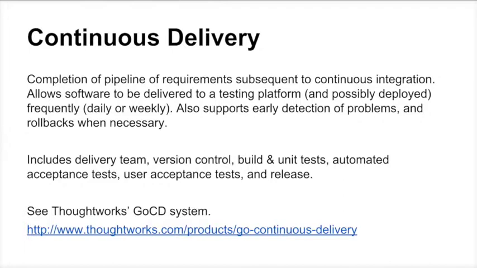So it involves automated version control, build and unit tests, automated acceptance tests, user acceptance tests, and release. ThoughtWorks Go continuous delivery system looks like a good candidate for that. In many cases, once a continuous delivery system is implemented and has been proved to be reliable, it is possible to release software as frequently as multiple times in a single day if needed.